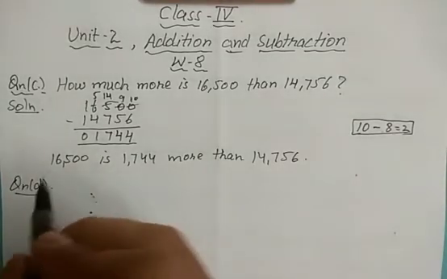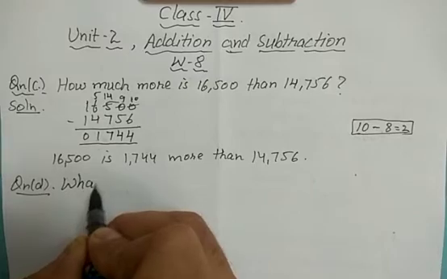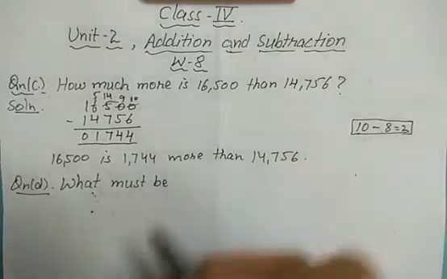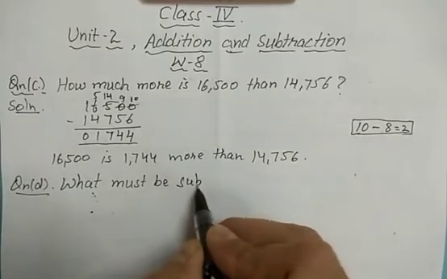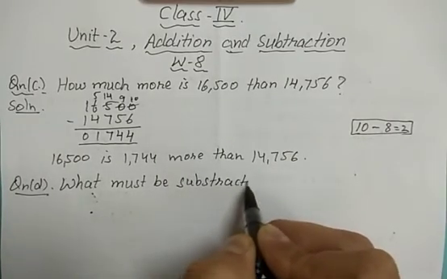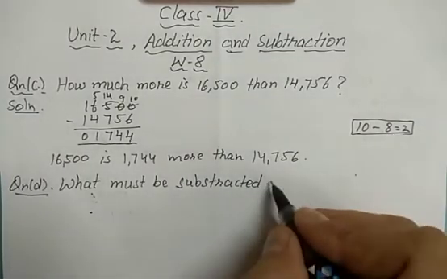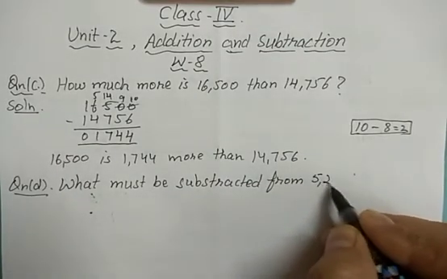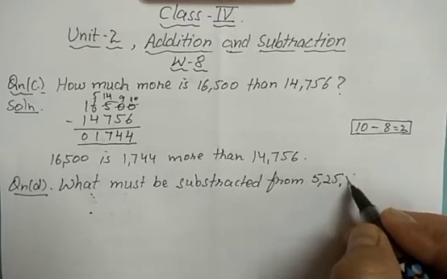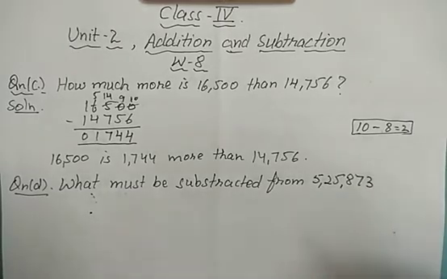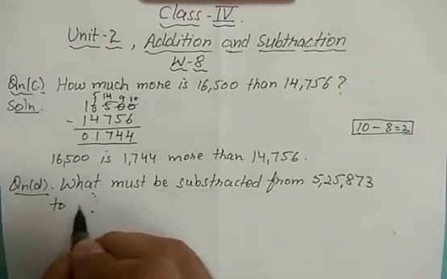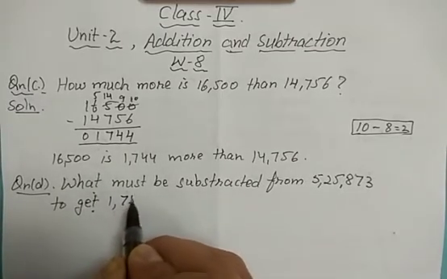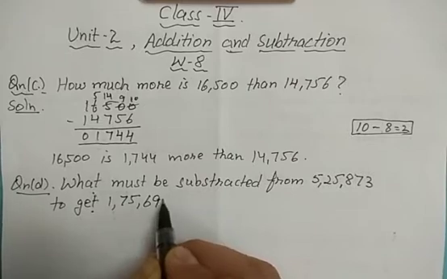What must be subtracted from 5,25,873 to get 1,75,693?